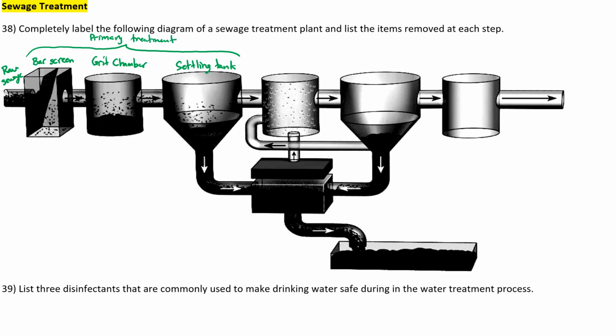We have the sludge that settles out and it gets digested here. So this is the sludge digester. And then this is the sludge drying bed. And then we have that as being disposed of in landfill.